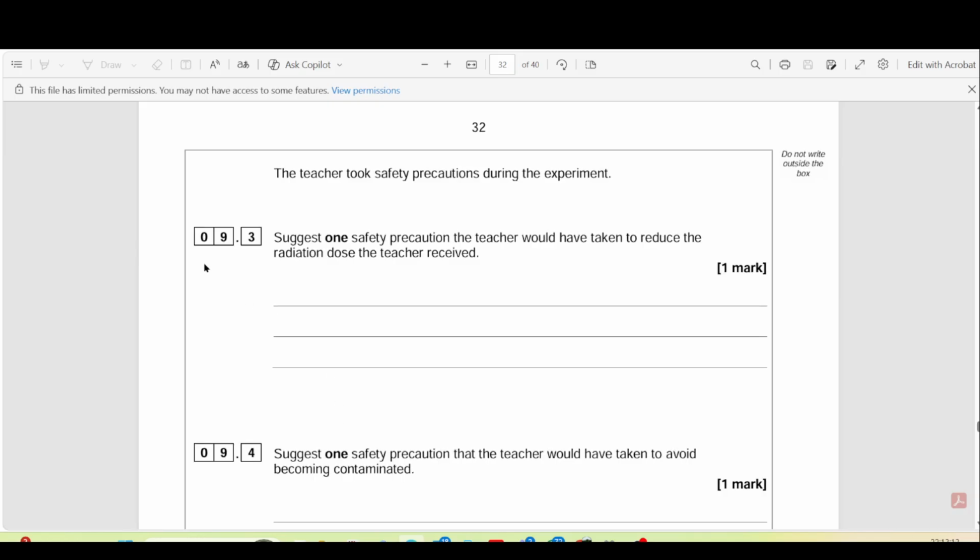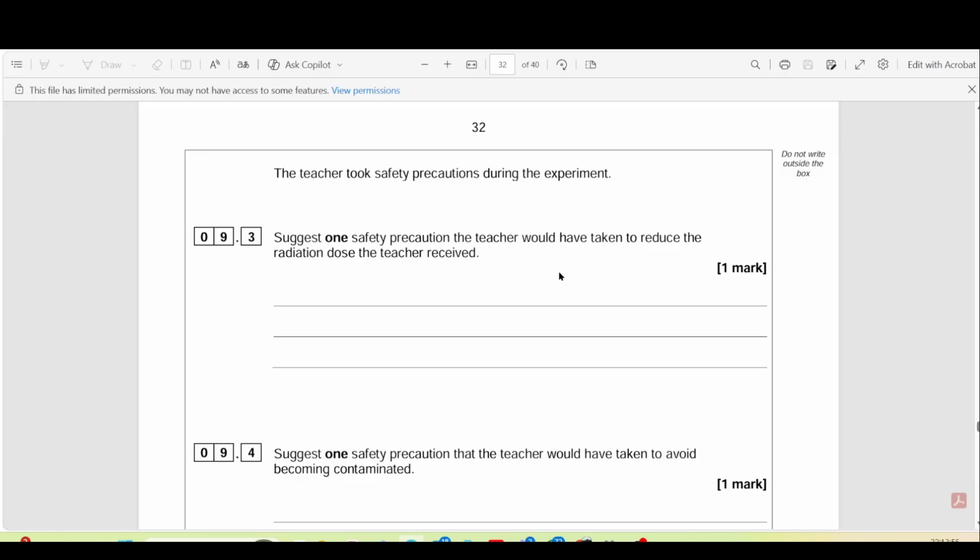Let's read 9.3. Give just one safety precaution the teacher would have taken to reduce the radiation dose the teacher received. Staying away from the experiment. Yeah, staying away. But if you have to perform the experiment and also take some safety precautions, then what? Wear a lead apron.